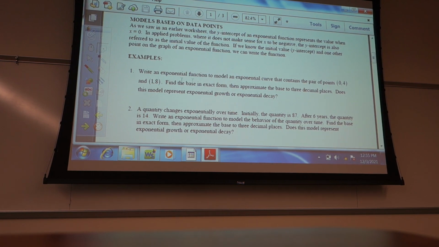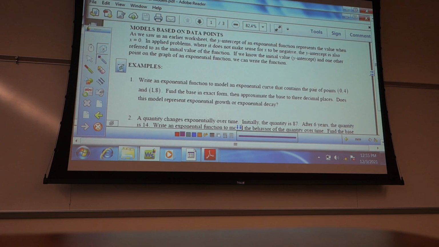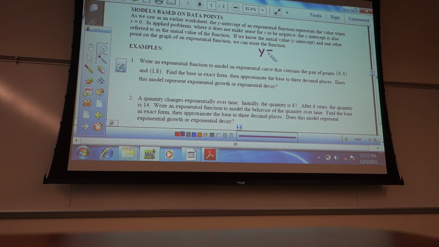Okay, so c times a to the x. This again is my initial amount, and this is my growth factor. I'm just going to call it growth factor, even when it's decaying. That's fine.